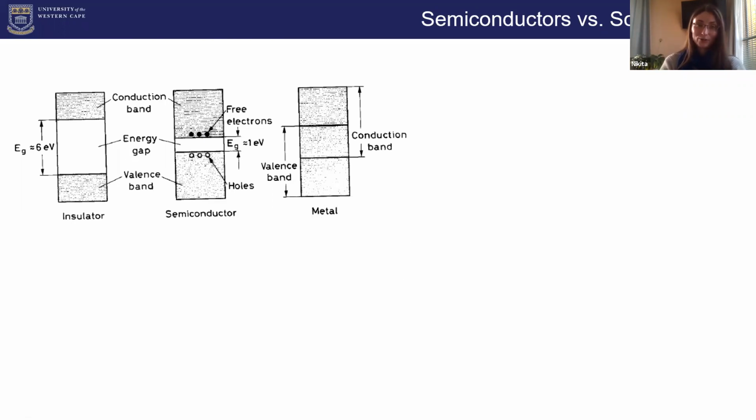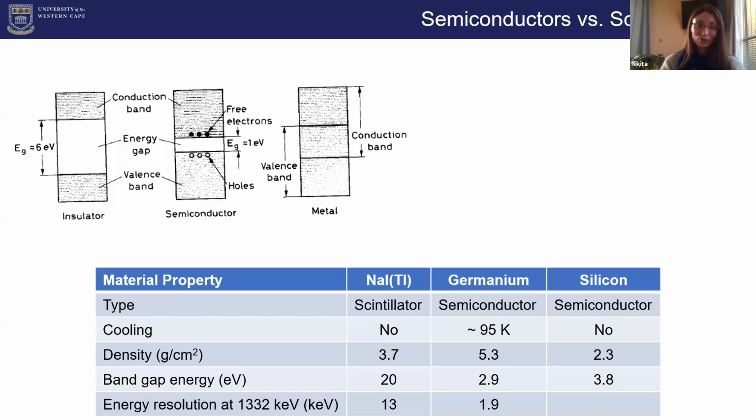And putting values on that energy gap really tells us a lot about why semiconductors are so powerful, why they have different strengths, I should say, than scintillators. So here I'm comparing values for the sodium iodide that you are already familiar with, germanium, which you will be familiar with today and tomorrow, and any day after that.